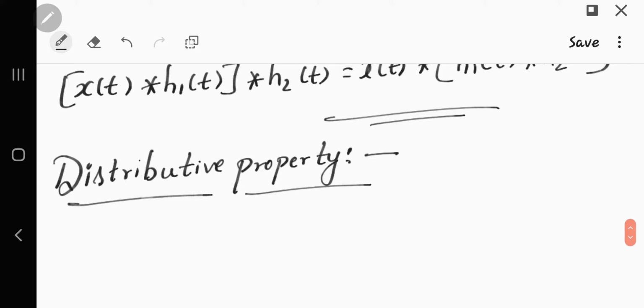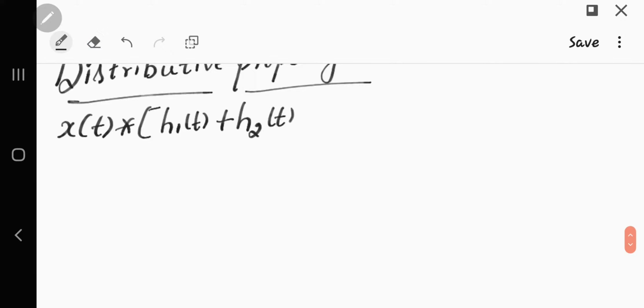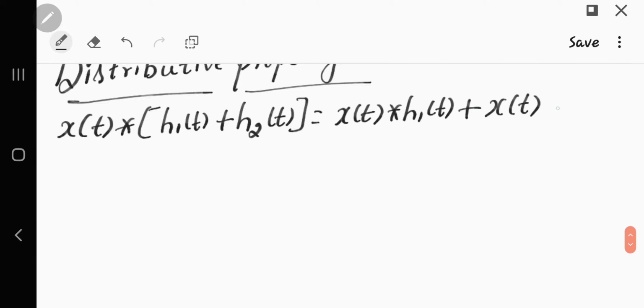The definition of the distributive property states like this: x of t convolved with h1 of t plus h2 of t is equal to x of t convolved with h1 of t plus x of t convolved with h2 of t.